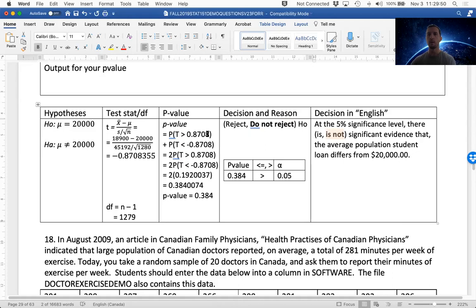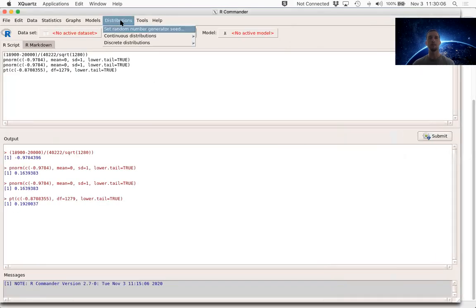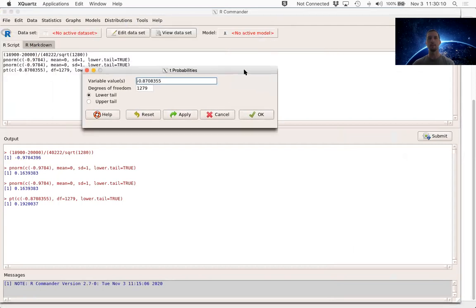To find 0.1920037, this value here is the probability that t is less than negative 0.8708. So I went to Rcmdr and clicked distributions, continuous, t, t probabilities.